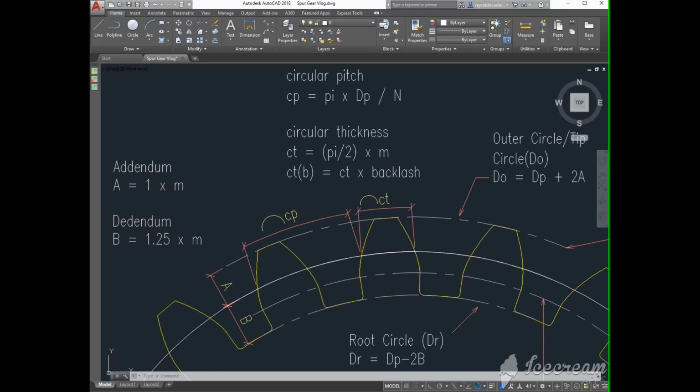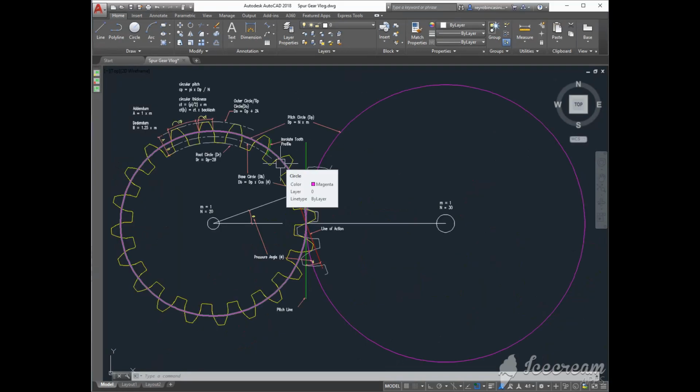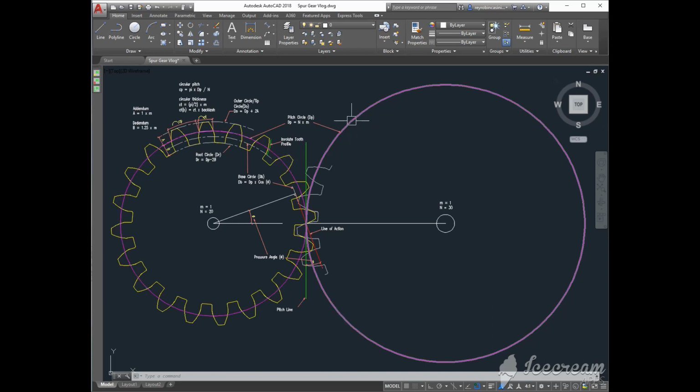Now let's talk about the four circles that make up the spur gear. The pitch circle. This is the pitch circle of this gear, and this is the pitch circle of this gear. The pitch circles are imaginary circles of the gears that intersect at the pitch point of the two meshed gears.